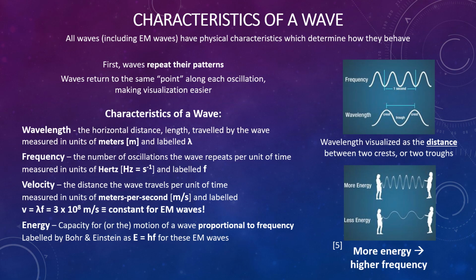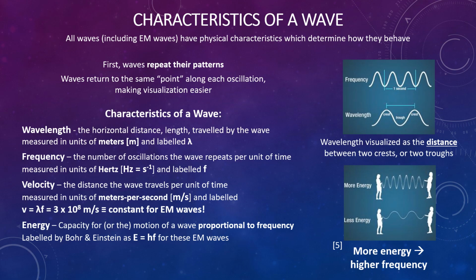So it's how many per second. So you can think of velocity as being partly like a frequency, because velocity is the distance that a wave travels per second. So it's how many meters, in this case, per second is the velocity of the wave.